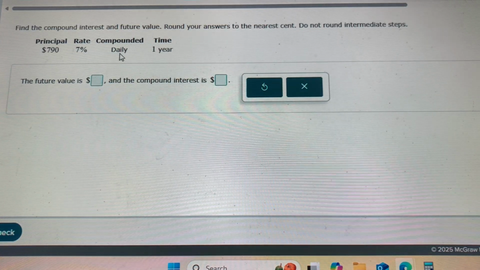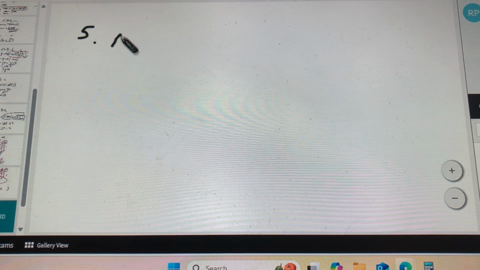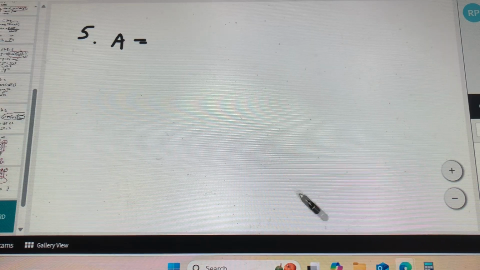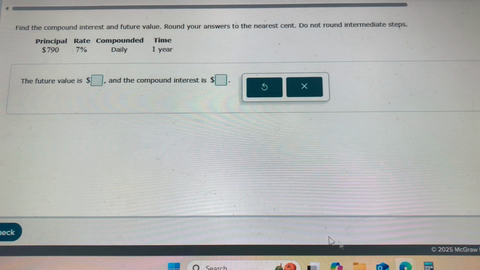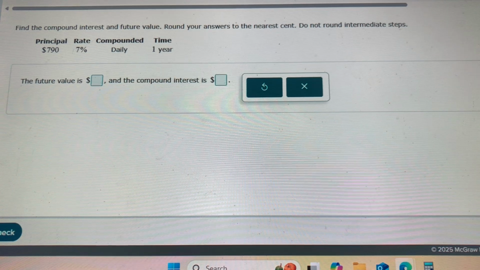Okay, daily. The only difference here, it's daily. So somebody's borrowing or investing $790. The interest rate is 7%, 0.07.